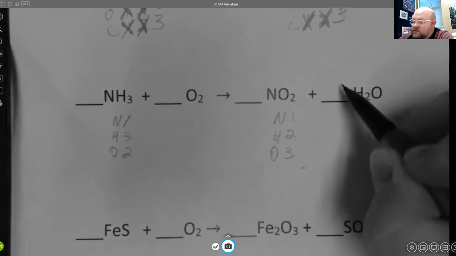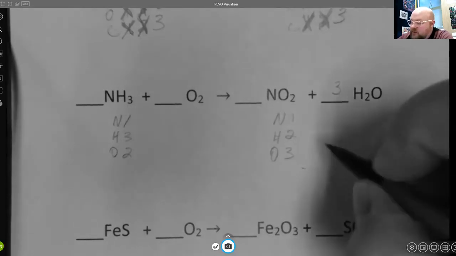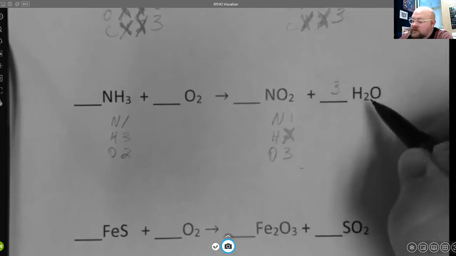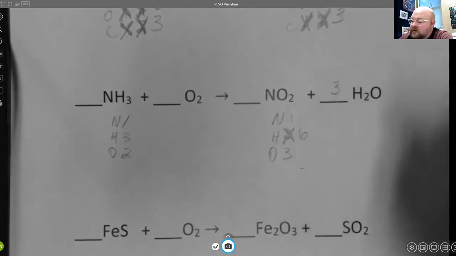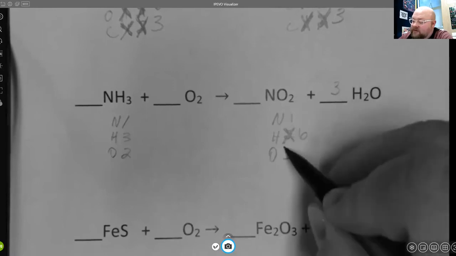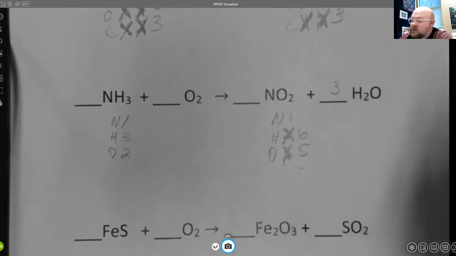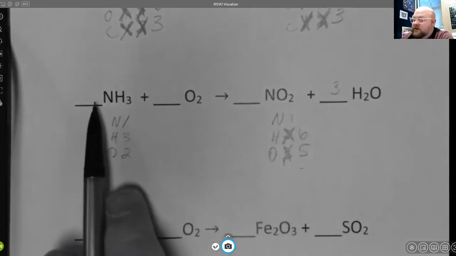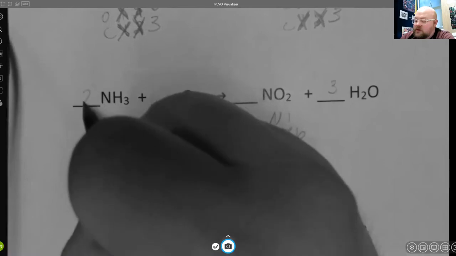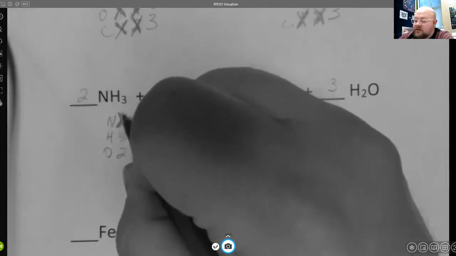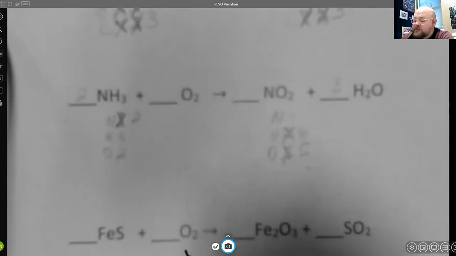H2. So we're going to multiply by 3, which changes my H's over here into 6. It changes my oxygens as well into 1, 2, 3, 4, 5. On the left, if I multiply this by 3, I should multiply this one by 2. Well, that changes a whole bunch of stuff. That gives me 2 nitrogens.